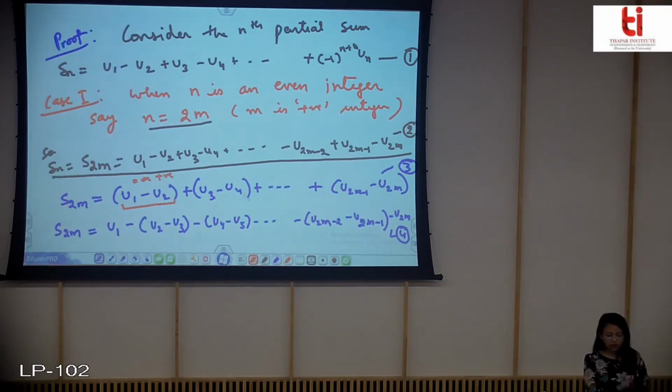Similarly this, because of condition 2, will be 0 or positive. Similarly, each and every term will be either 0 or positive. So let us write what we observe from equation number 3.